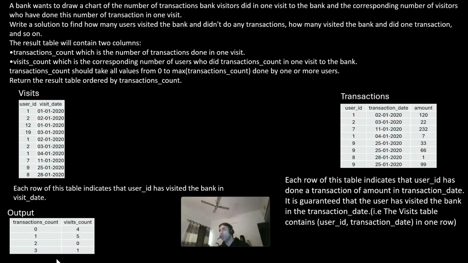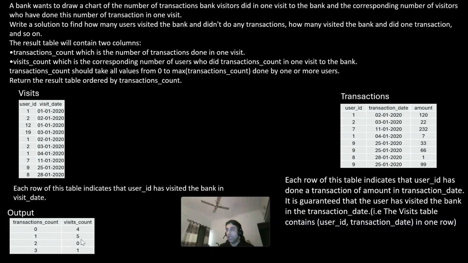And now also, one thing more we will have to take care of, that the transaction counts should be a consecutive series of numbers from 0 till the maximum transaction count that we have found, which is possible from this particular data, right? There should be no holes in the sequence. So for example, if you see for transaction count 2, the visit count is 0, right?